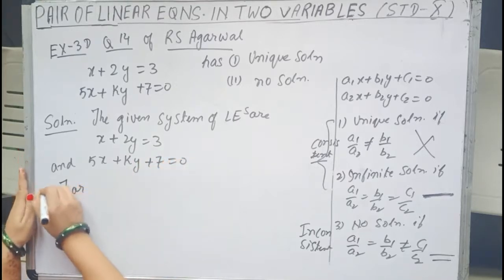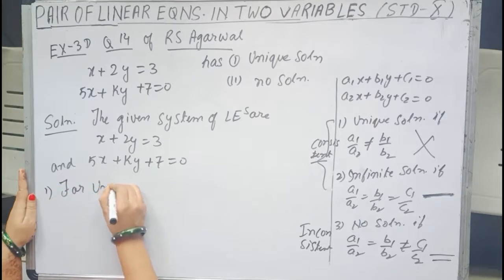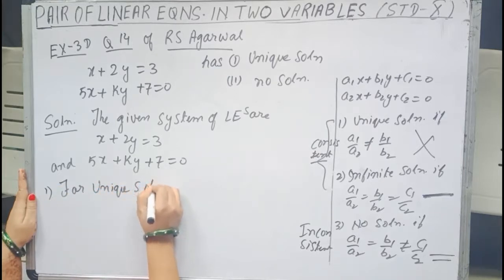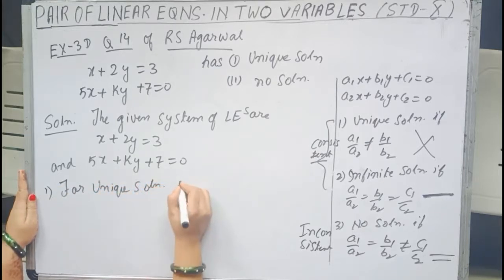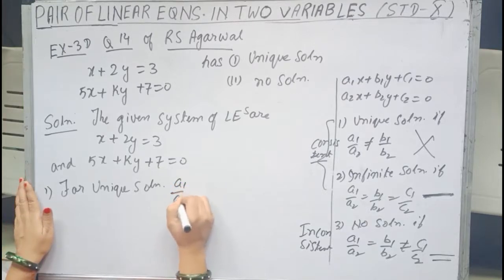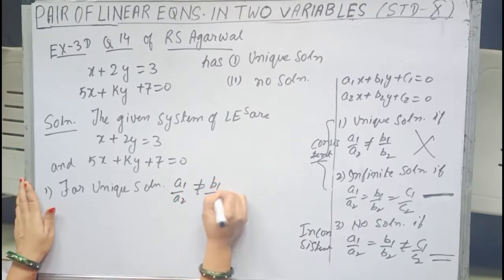Now for number 1, unique solution, a1 by a2 not equals to b1 by b2.